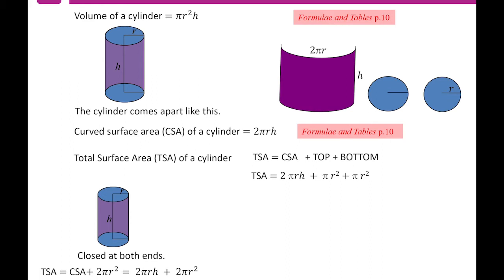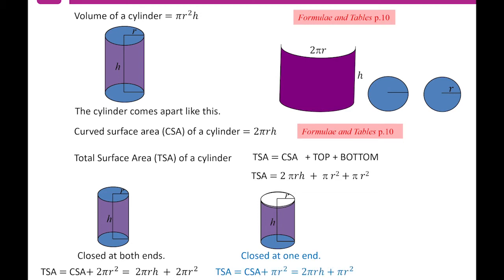Therefore, the total surface area of a cylinder closed at both ends is equal to 2 pi r h plus 2 pi r squared. If your cylinder is closed at one end, your total surface area is equal to your curved surface area plus the area of one circle.